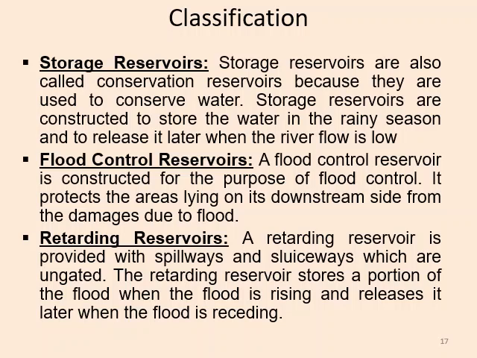The retarding reservoir stores a portion of the flood water when the flood is rising and releases it later when the flood is receding. When the flood quantity is reduced, then with the help of the gate, the amount of water will be released.